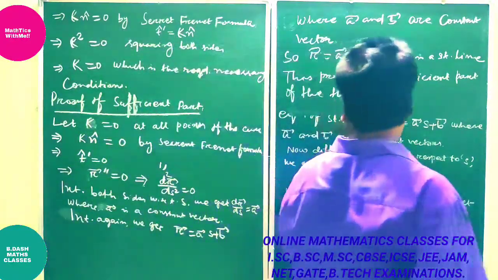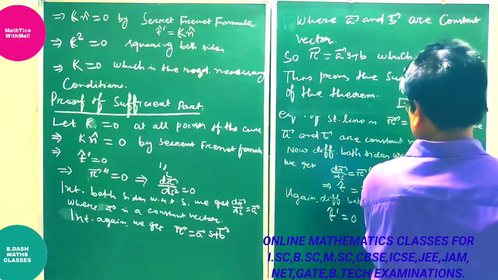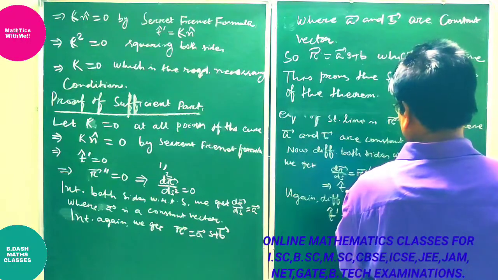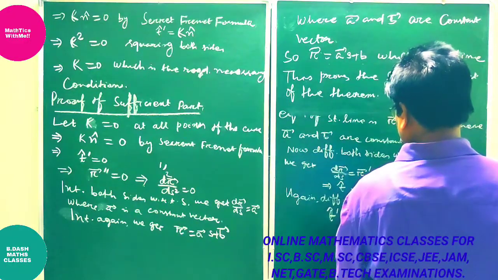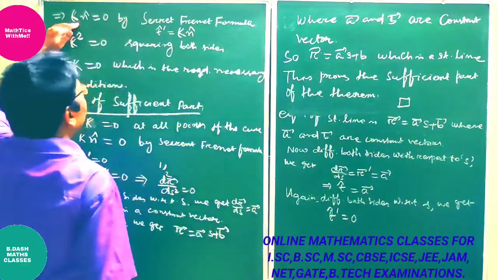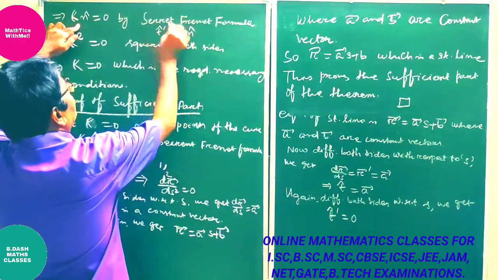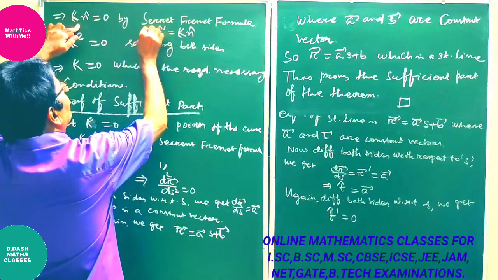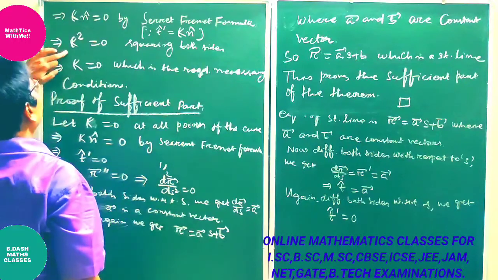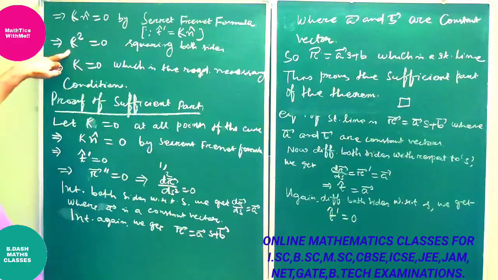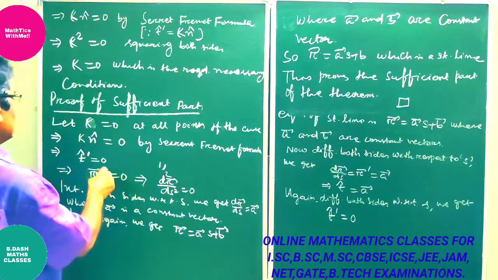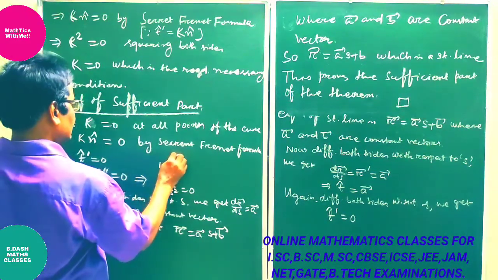So in the necessary part, we have dr by ds is equal to vector A, that is T cap is equal to vector A, T cap dash is equal to 0, and T cap dash is kappa n cap. This is by the Serret-Frenet formula. So kappa square is equal to 0, kappa is equal to 0.